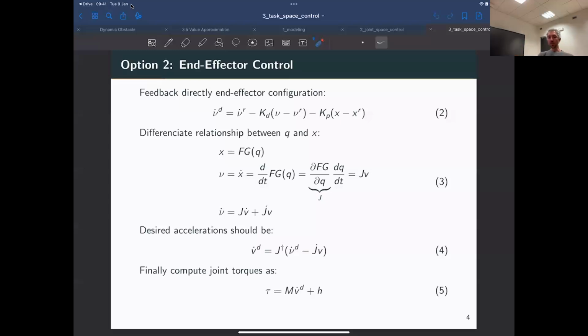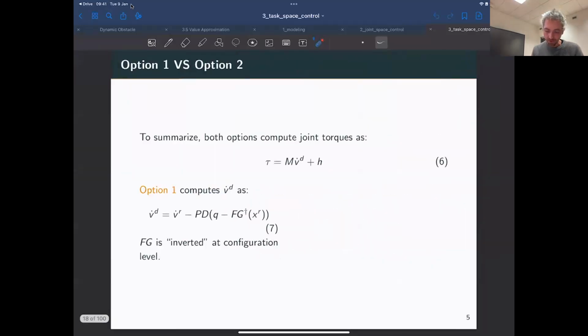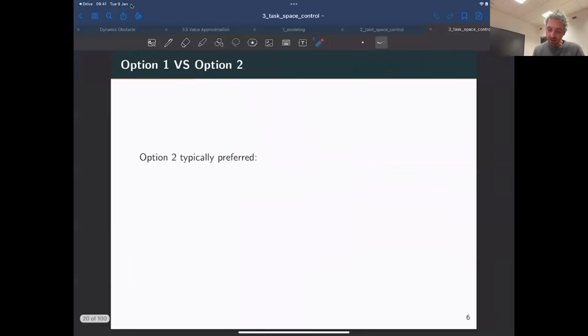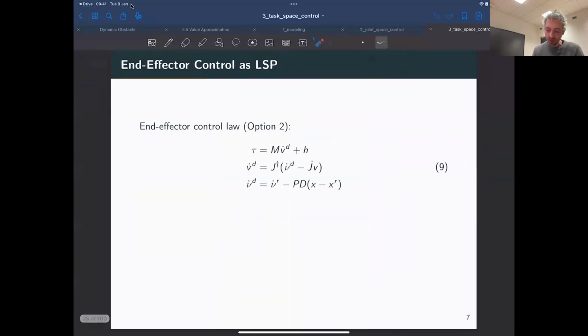So how do we do this inside a least square program? Well, it's actually very simple. This is just a summary of what we have already seen, with lots of discussion, which I've already covered.